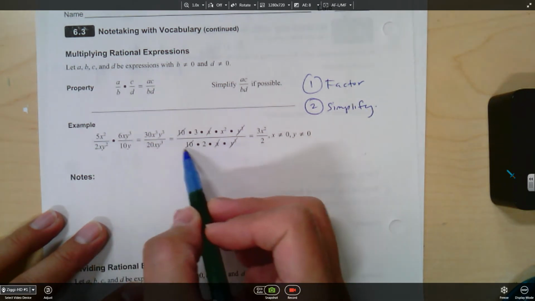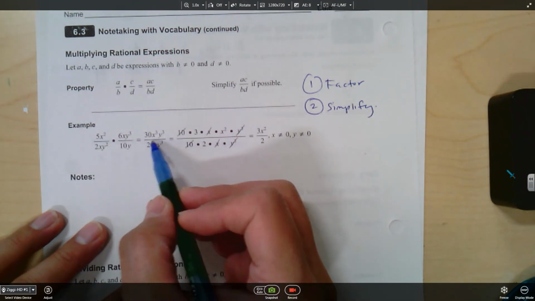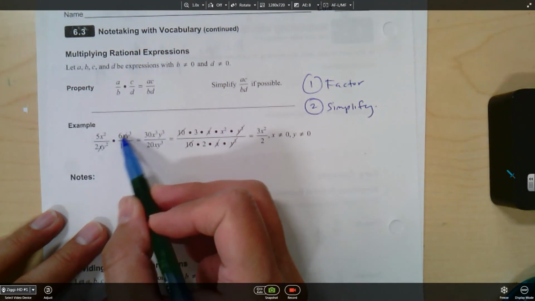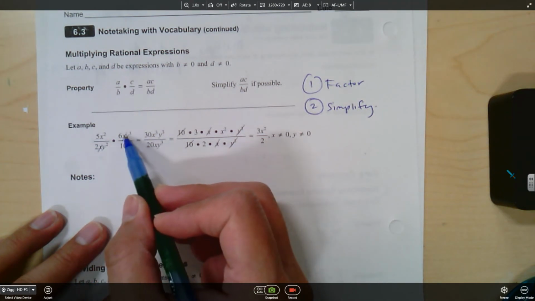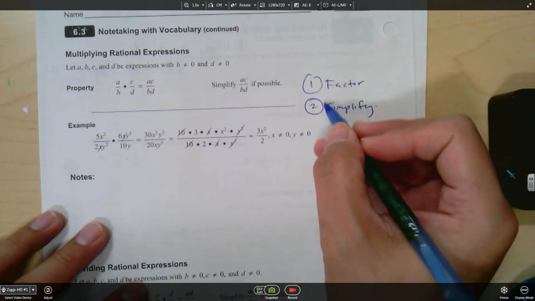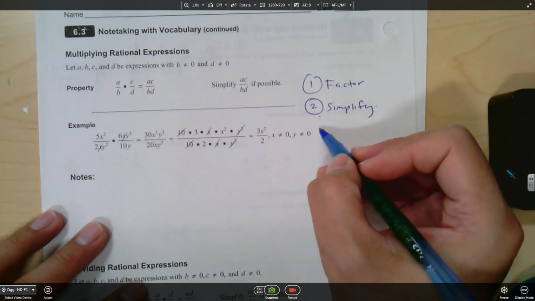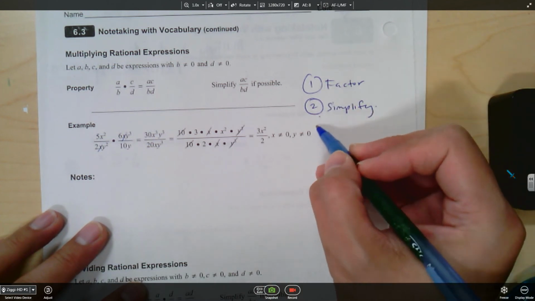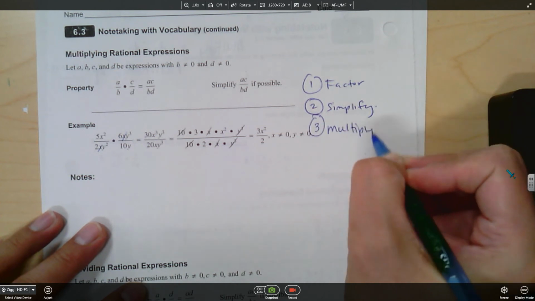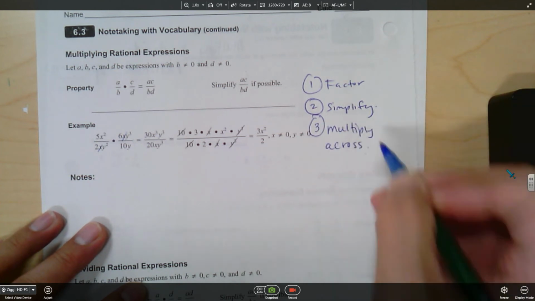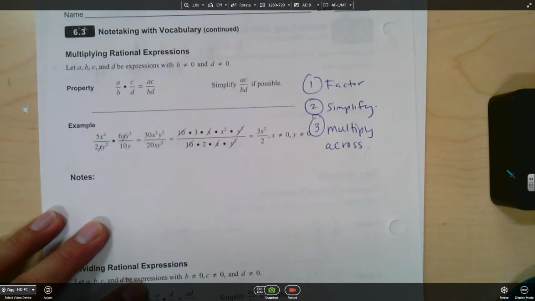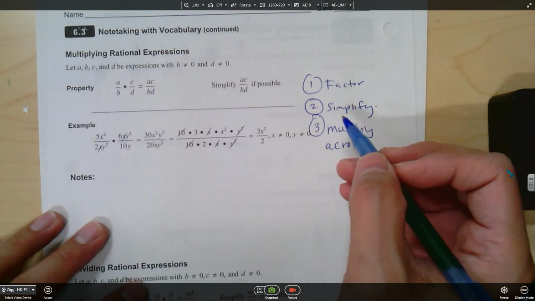You don't have to write it out like this. You can start from here, and you can just cross off this x with that x. Only the top and bottom cancels out, because it's like x divided by x, which is 1. So after you factor, you're going to simplify. Once you've simplified, 3, you're just going to multiply across. And that's pretty much all you're doing when you multiply rational expressions.